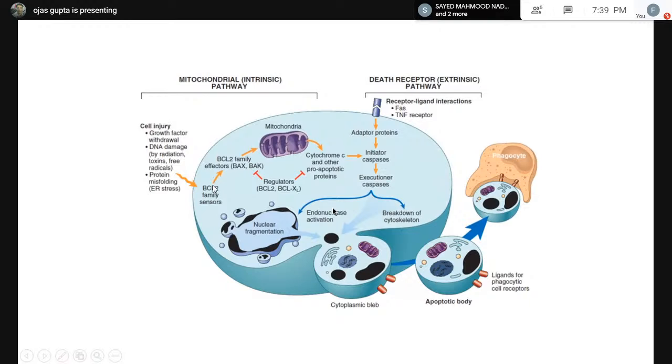BCL2 is a family of proteins which are anti-apoptotic. It maintains the integrity of the outer mitochondrial membrane, and it prevents the leakage of cytochrome C and other death-inducing proteins into the cytosol. This figure I have taken from Robbins, and it clearly depicts that activation of BCL2 is important to make a cell immune to apoptosis.